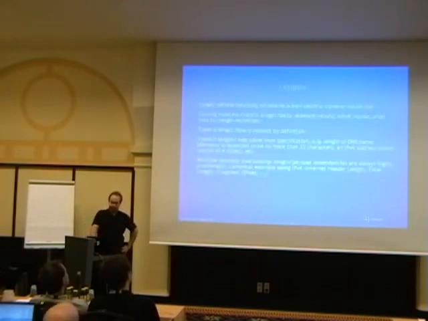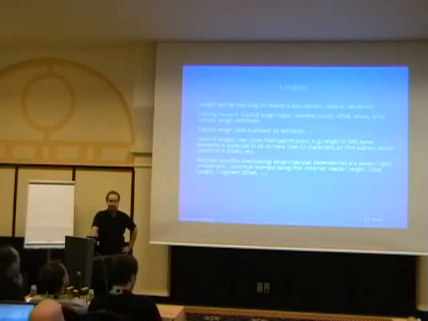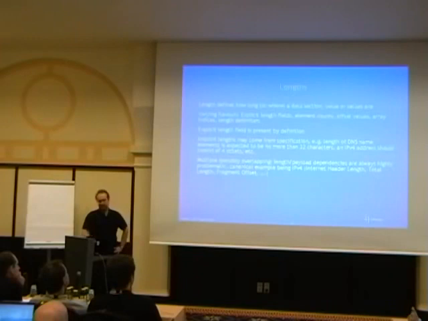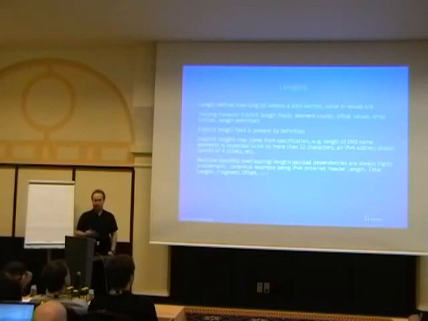Length fields, that's probably the most fruitful way of attacking modern software. Whenever there's a length field, there is a problem in handling those lengths and the values that those lengths define. So a length field simply defines how long a particular data section or a value is, or where it is located.